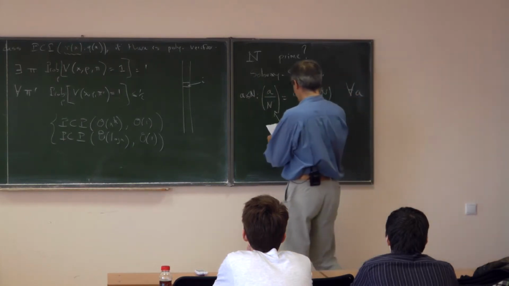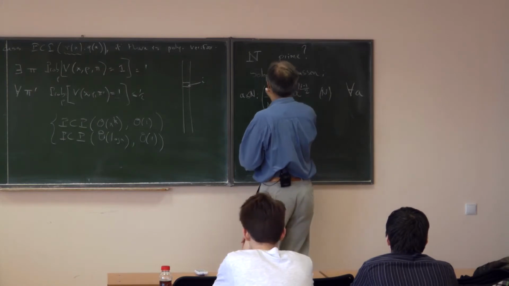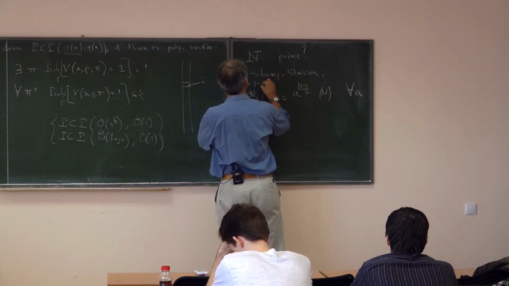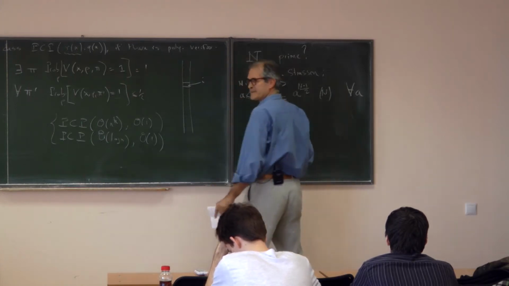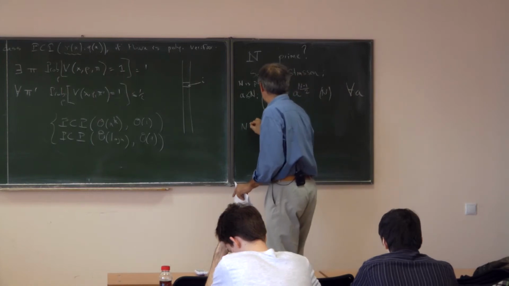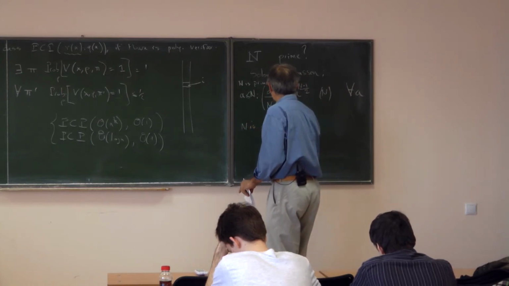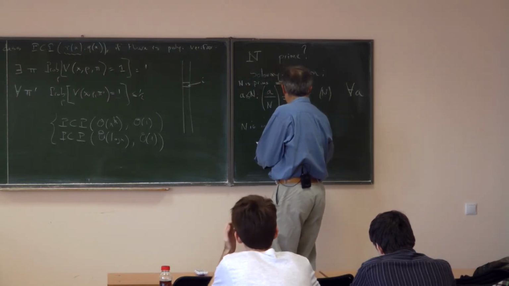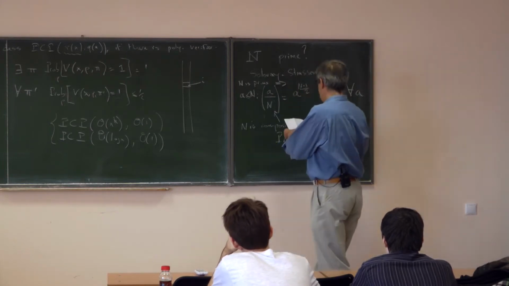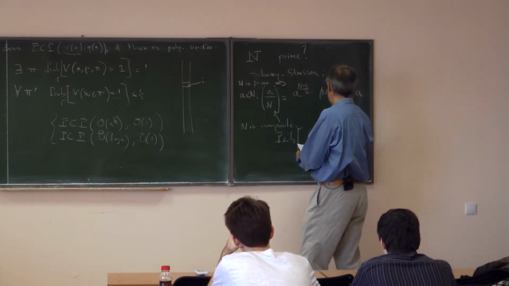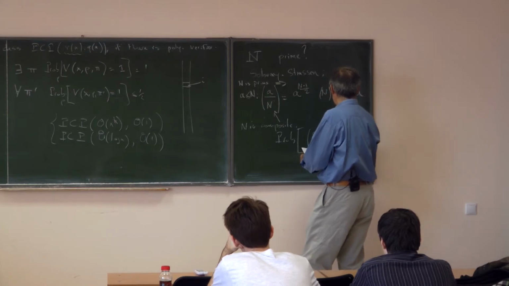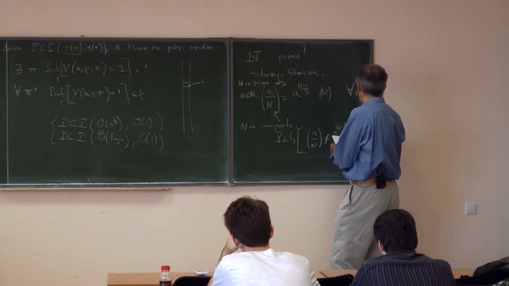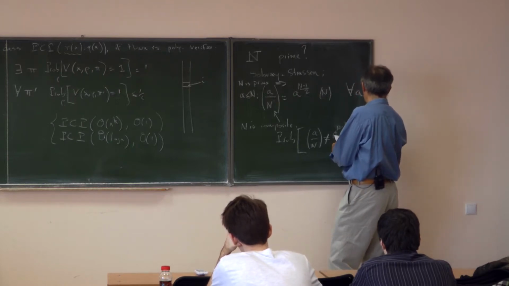So if N is prime, that implies equality, and if N is composite, then the probability that these two terms are different is bigger than 1/2.